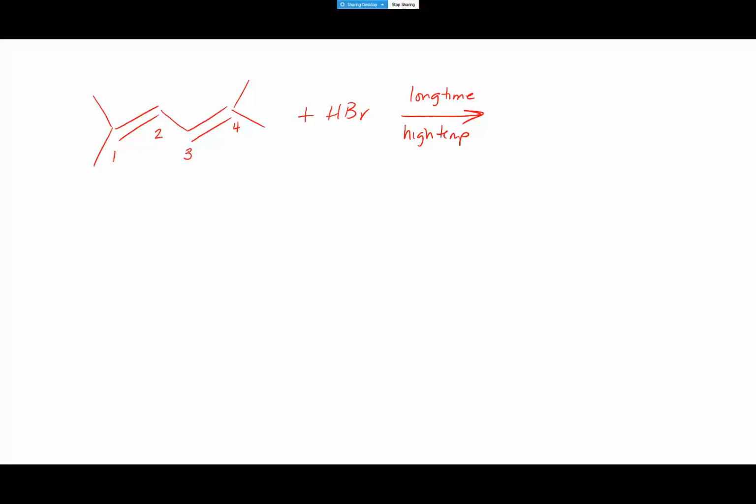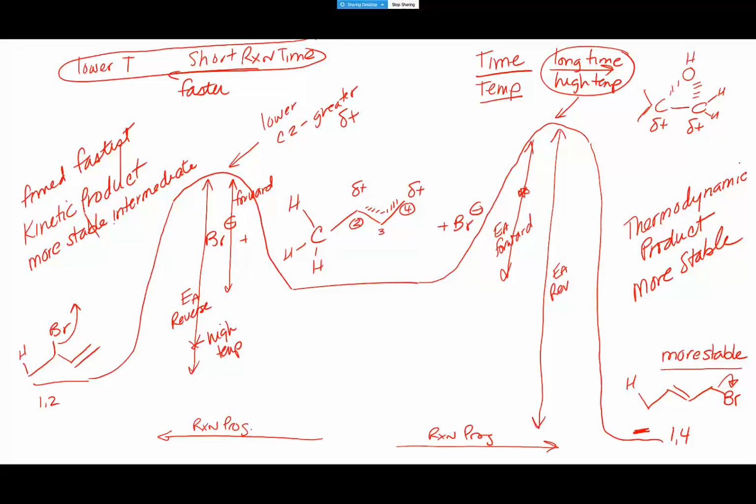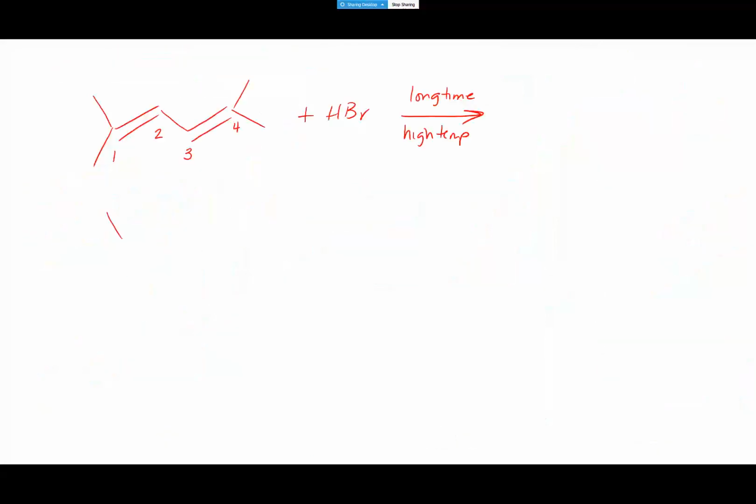All right. Somebody tell me why they chose 1. So if I add the H to carbon 1, I'm going to end up with this carbocation. If I add the H to carbon 2, I'm going to end up with that carbocation.